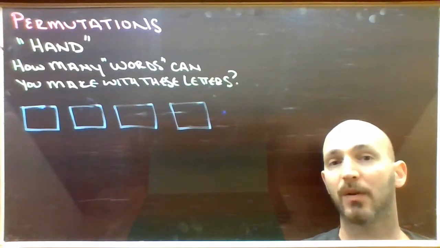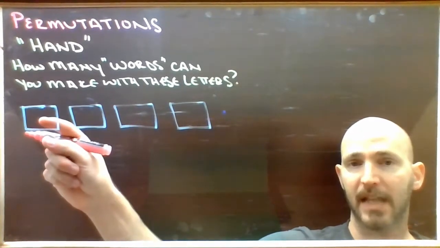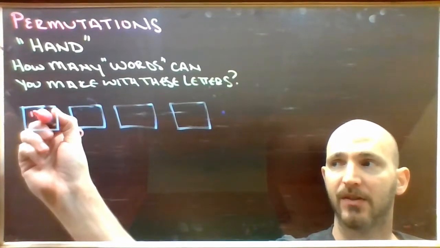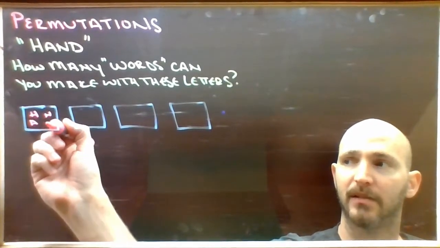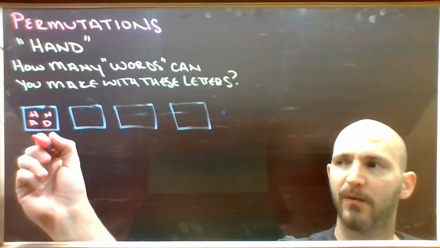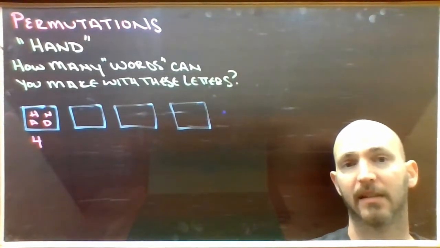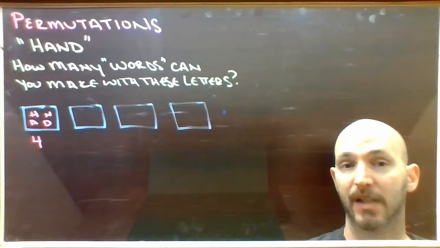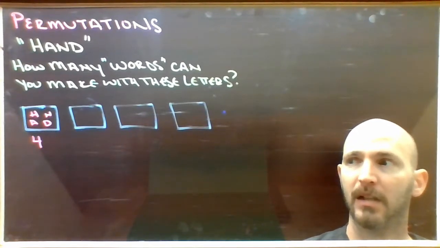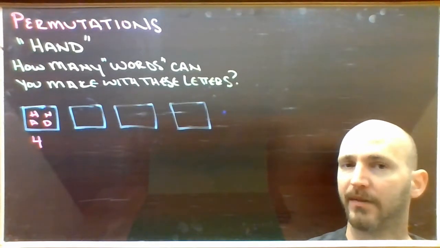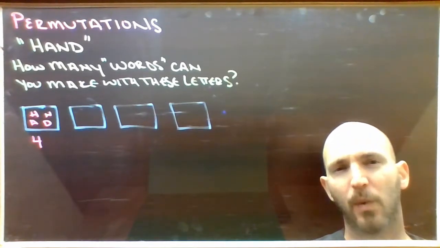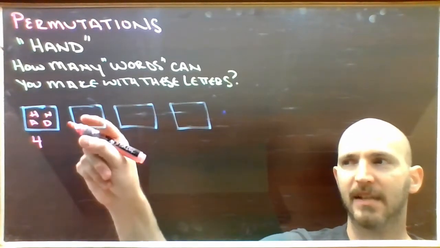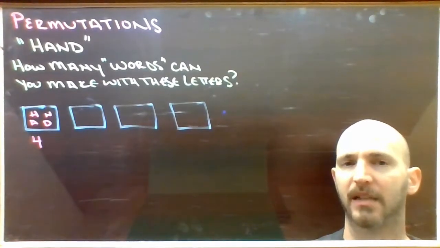So when I go to make this list, the first letter here is either an H, or it's an A, or it's an N, or it's a D. There are 4 different ways that I could choose my first letter. Now once I do that, so pick one in your head, it doesn't matter. Whatever one you just picked isn't available to be the second letter.